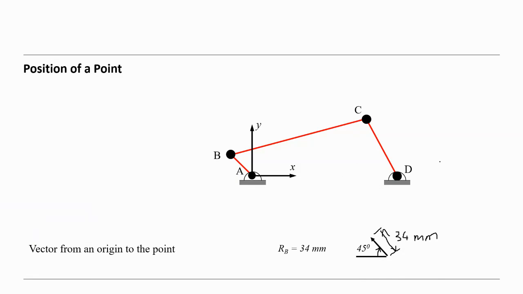Actually, we consider also all these links as a vector. This is a vector here, and this is a vector here, and this is a vector here, and so on. And this is also a vector. Let's use another color here, let's take the blue one.